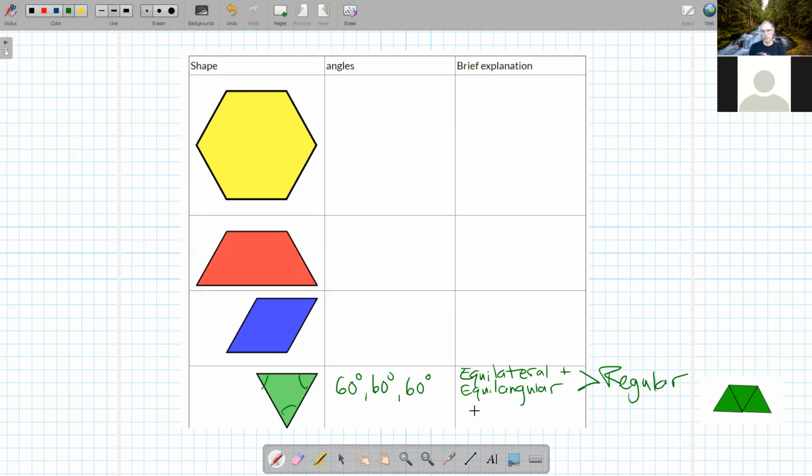And so I could add to this, since 3 angles here add to 180, comma, maybe I could even go further, 180 over 3 equals 60.